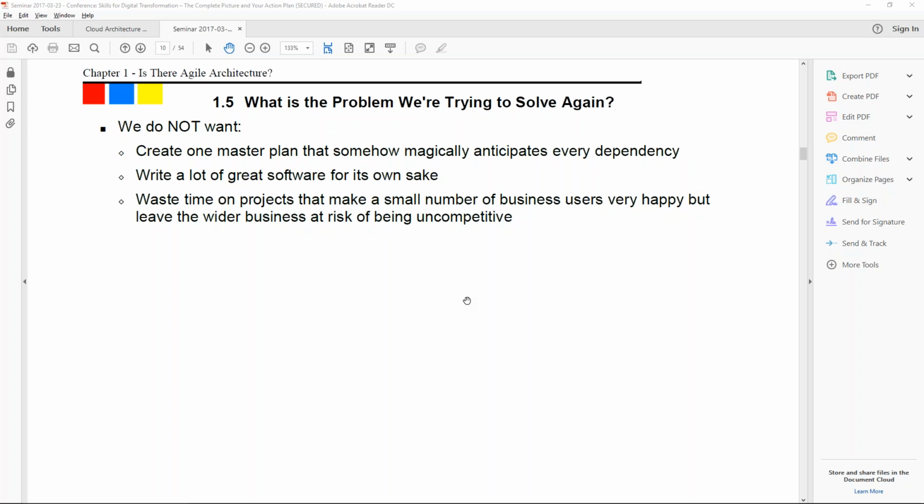And we don't want to just write, according to the architects, we don't want to just write one-off solutions because that might get in the way of our greater business strategy.